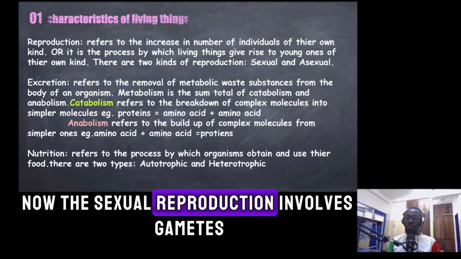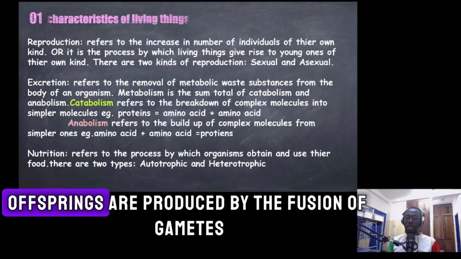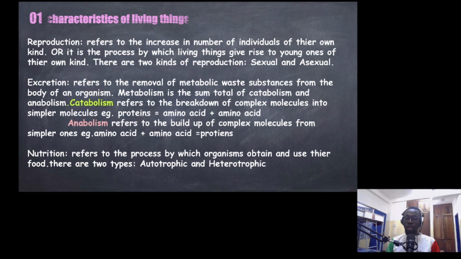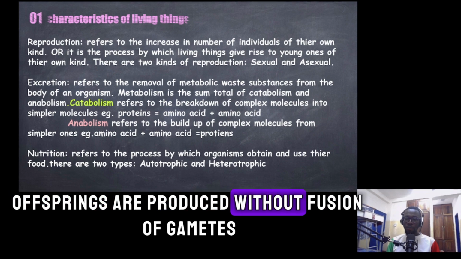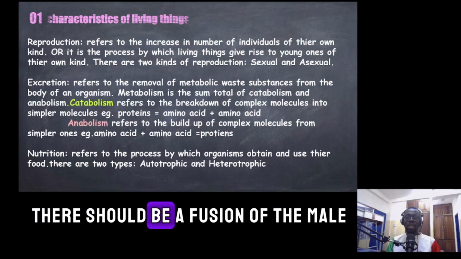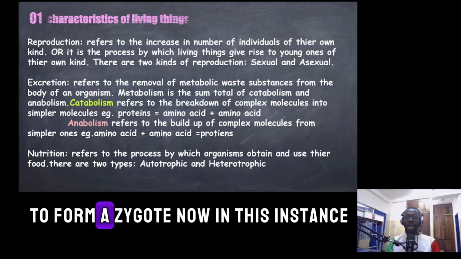Now, sexual reproduction involves gametes. In sexual reproduction, offspring are produced by the fusion of gametes, and in asexual reproduction, offspring are produced without fusion of gametes. In sexual reproduction, there should be a fusion of the male and the female gamete to form a zygote.